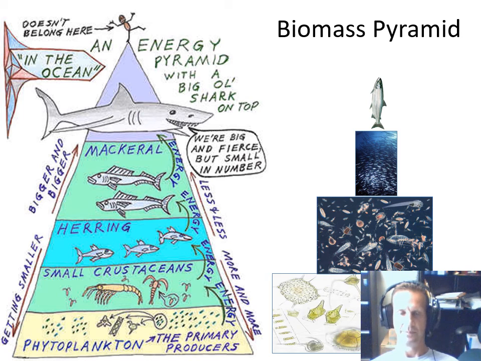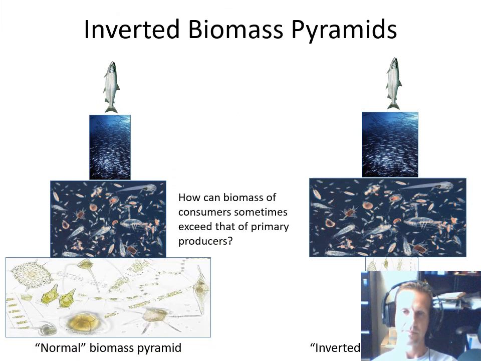So the total amount of organic material that's stored in the form of plants on Earth is much higher than the total amount of organic material that's stored in the form of animals, particularly more than is stored in the predatory animals. So I just told you that in a typical biomass pyramid, you have a larger amount of plants than you do of animals.